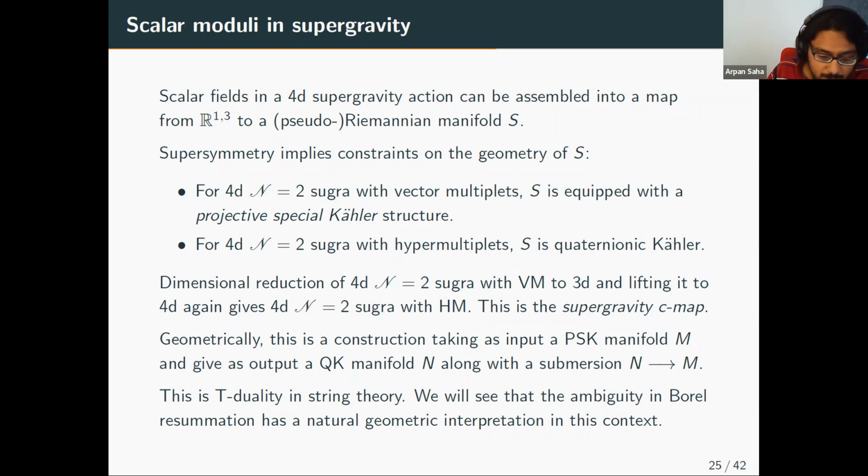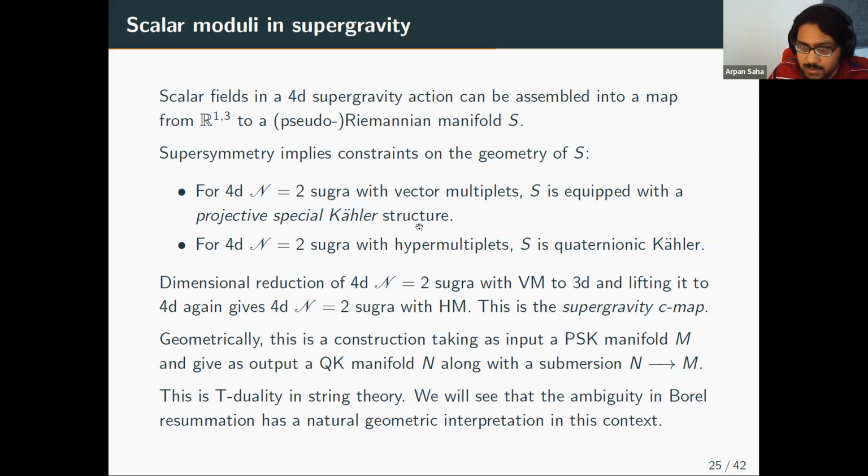Now, scalar fields in a supergravity theory can be thought of as coordinates on a pseudo-Riemannian manifold of scalars S. A scalar field configuration would be given by a harmonic map from 4-dimensional spacetime to S. Supersymmetry then implies constraints on the geometry of S. The two cases that are of interest to us are, firstly, 4D N=2 supergravity coupled to vector multiplets, in which case S is equipped with a projective special Kähler structure.